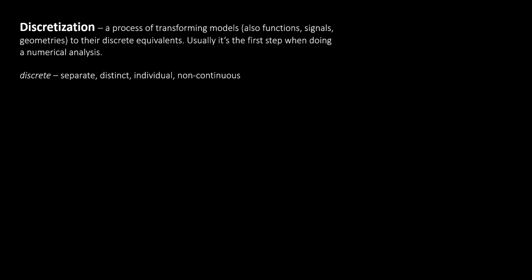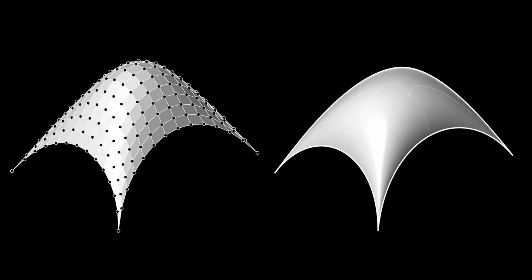You can think of discretizing as well if you, for instance, draw a building. You think of walls as continuous volumes, but in fact, they need to be discretized before they are built. They are discretized into bricks, into prefab elements, into whatever. So you always discretize, in fact, because we need to have a chunk of material or data.